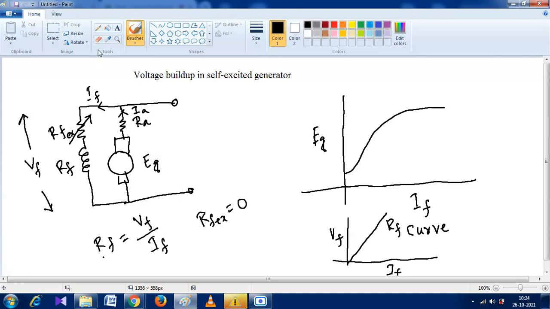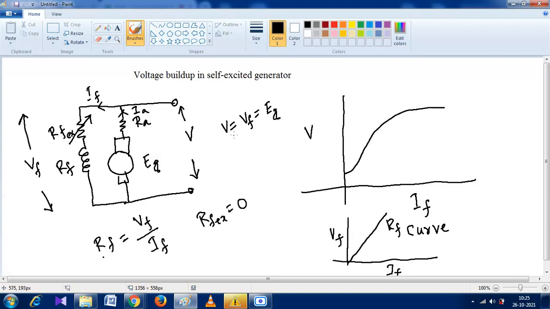And now we change this quantity and make it the terminal voltage V. And here we can write the value of V is equal to VA, and nearly it is EG, because the value of load current is 0 here.